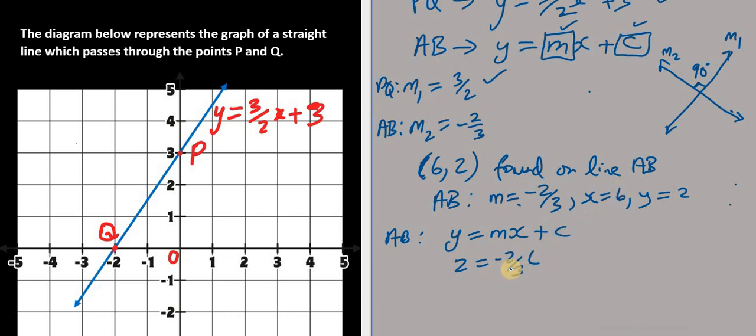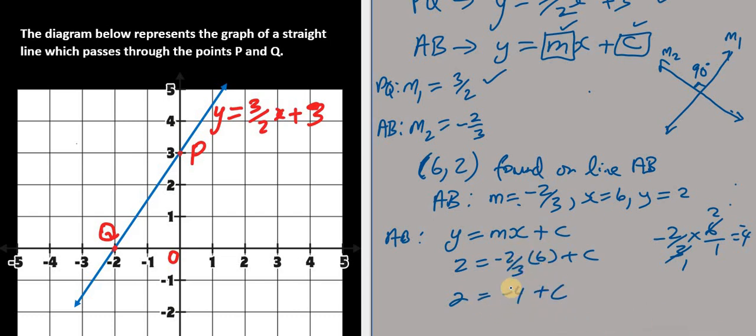That is, the gradient m times 6, plus c. Now we have 2 = -2/3 times 6 + c. Let's simplify this. 3 into 3 goes once, into 6 twice, and 2 twos give us 4. But remember, it's actually -2/3, so with a negative here, this works out to be -4 + c.